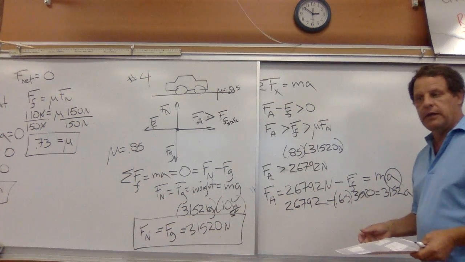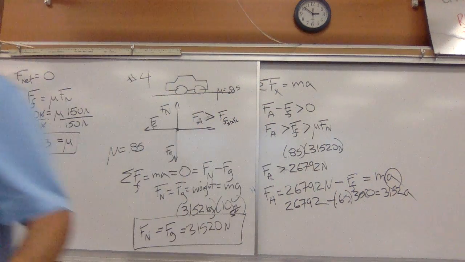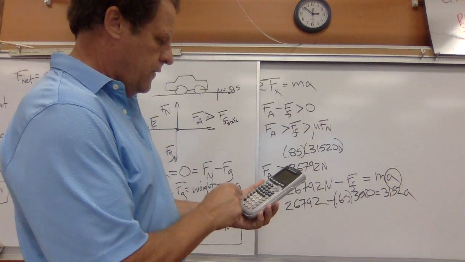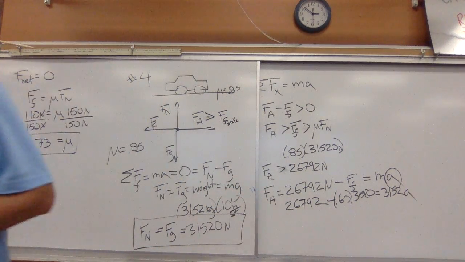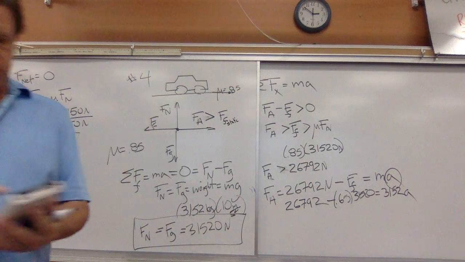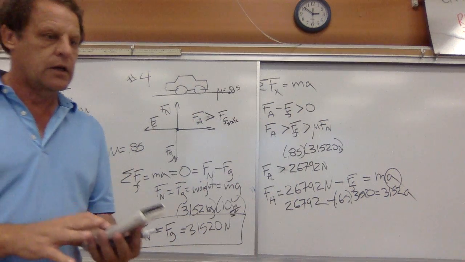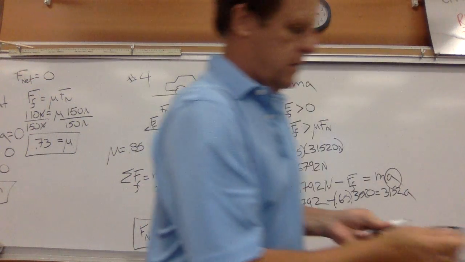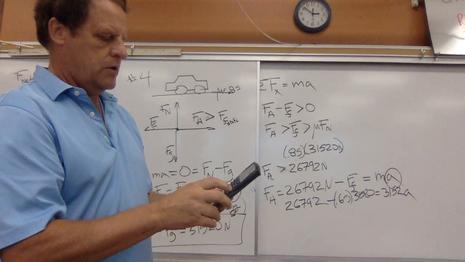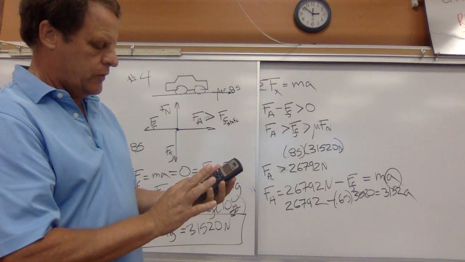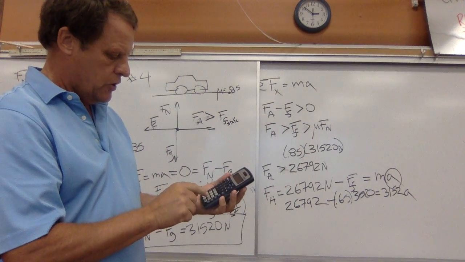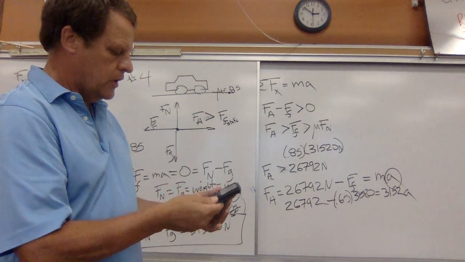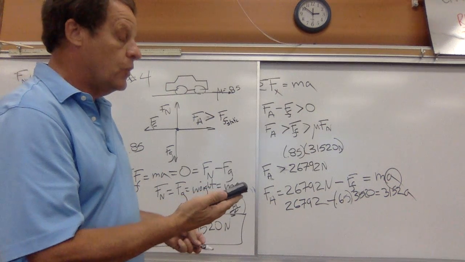And that means, let me get a calculator. Calculators are not working. One second. All right, so here we go. 0.65 times 31,520 is going to be 2488.